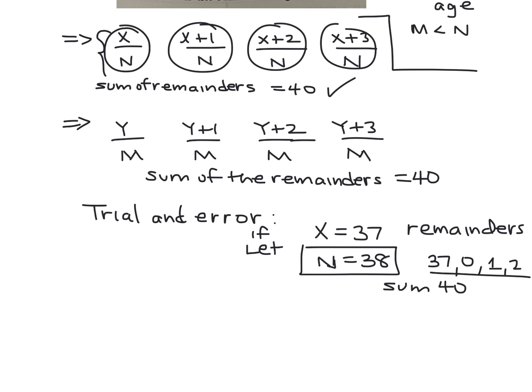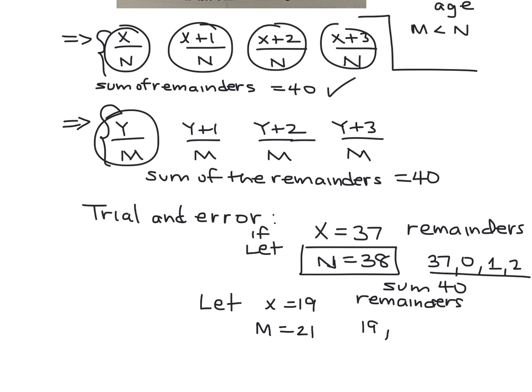And then for the next scenario, if you let y equal 19 and m equal 21, let's see what we get for the remainders. For this one, we get 19. For this, I believe we get 20.